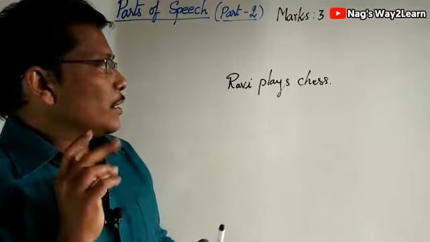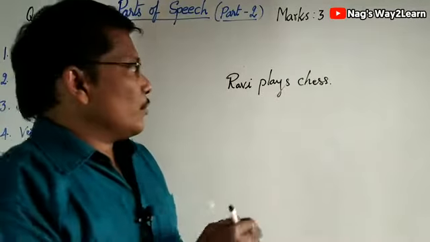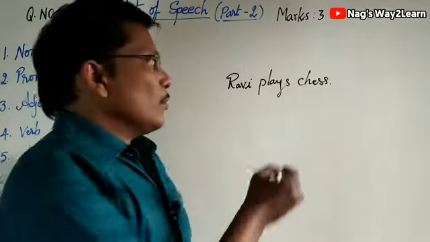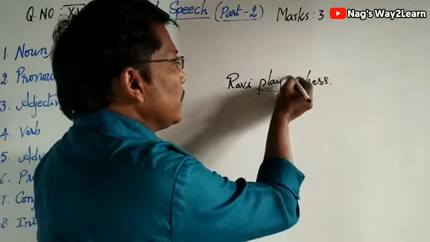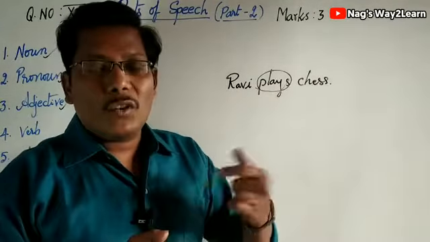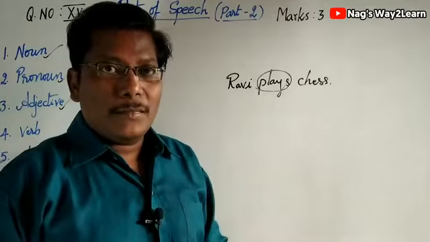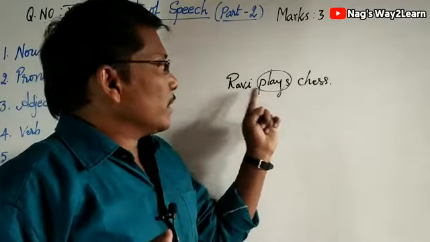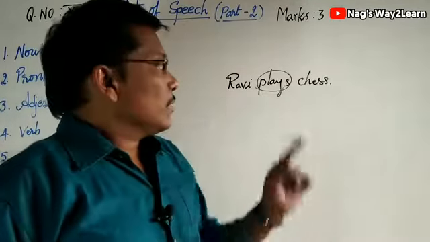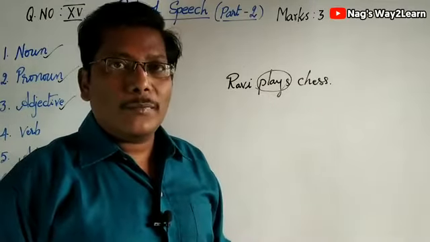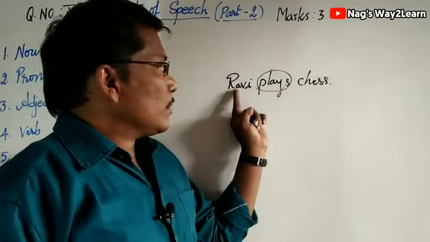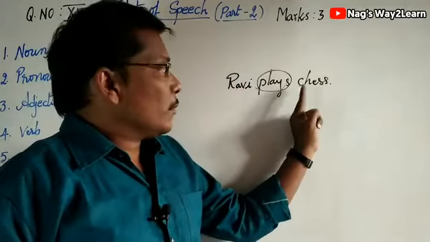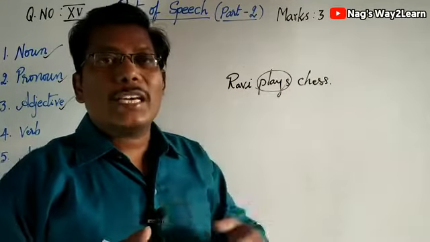If you observe this sentence, you see the word plays. What is play? Play is nothing but doing some action that is being done by Ravi. So here plays is a verb. Understand? Here Ravi is doing the action of playing chess. So plays shows an action.